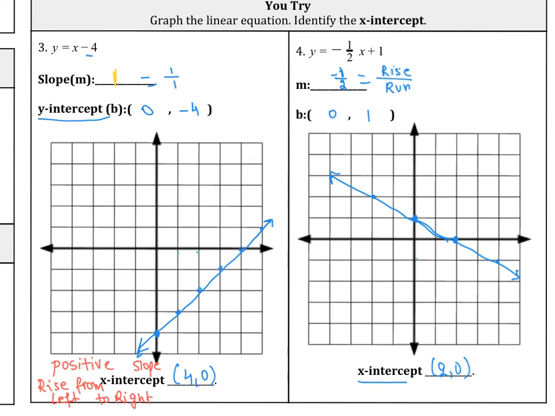And if you have a negative slope, then the line is going to fall from left to right. This is the left side, this is the right side. If it's a negative slope, it's going to fall from left to right like this. And if it's a positive slope, it's going to rise from left to right. So just remember, when you're dealing with negative or positive slopes, keep the direction in mind.